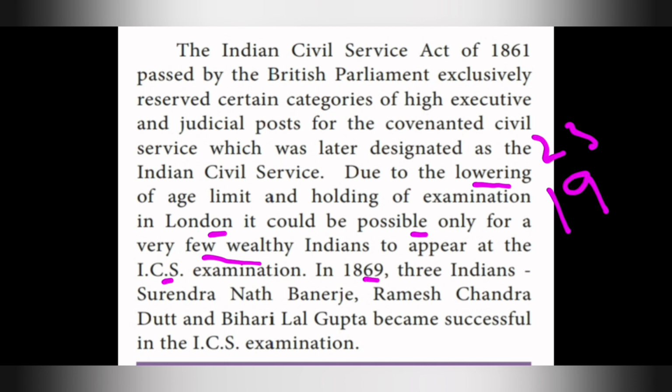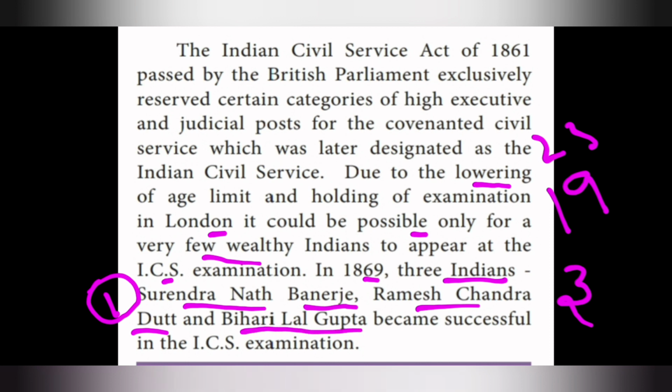In the year 1869, three Indians named Surendranath Banerjee, this is the first one, and the second one is Ramesh Chandra Dutt and Bihari Lal Gupta became successful in the ICS examination.